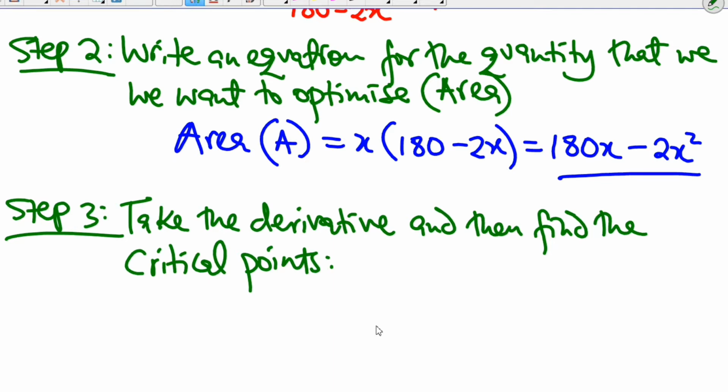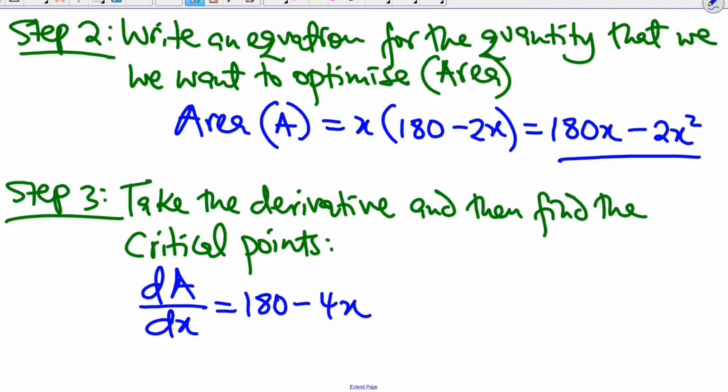The derivative of the expression for area is given by dA over dx. You just find the derivative of that, so 180 minus 4x.